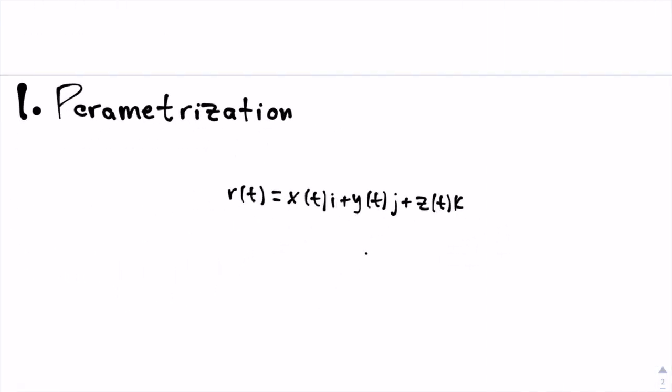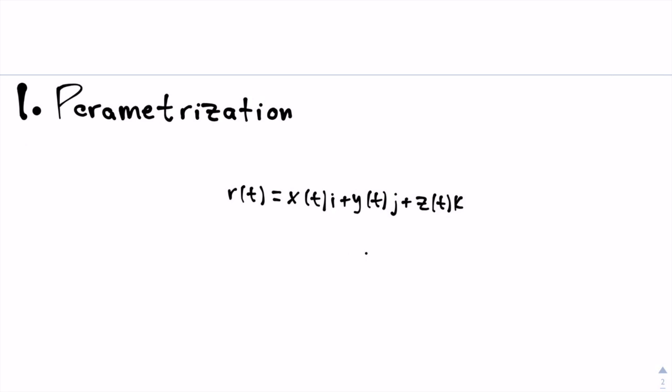And in doing so, we were able to parametrize a space curve in terms of a vector function r of t. But now what we want to do is parametrize a whole surface. In order to do this, we're going to need 2 parameters instead of just a single t.